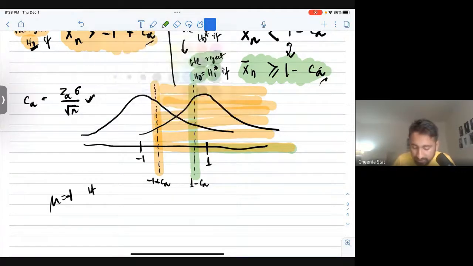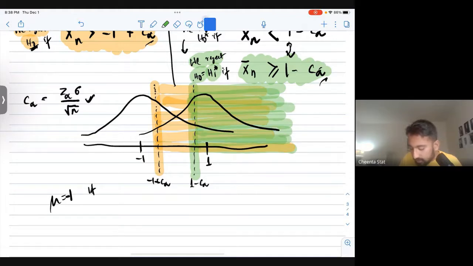And if we fix the type 2 error and minimize the type 1 error, we reject the fact that mu is equal to minus 1 if the mean is on the green side.